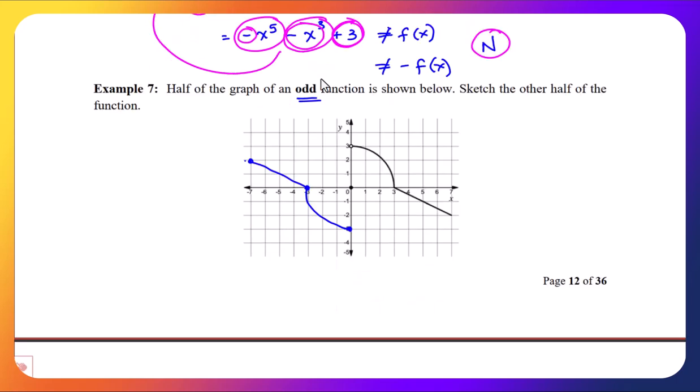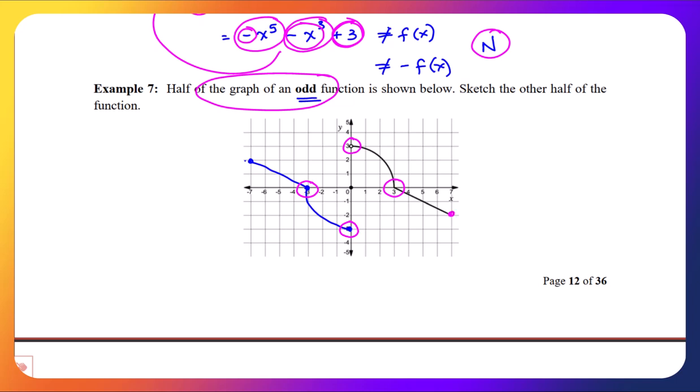To graph an odd function, I take this point, which is 0, 3, and I change the y value to the opposite, 0, negative 3. I take this point, which is 3, 0, and the opposite is negative 3, and the opposite of 0 is still 0.